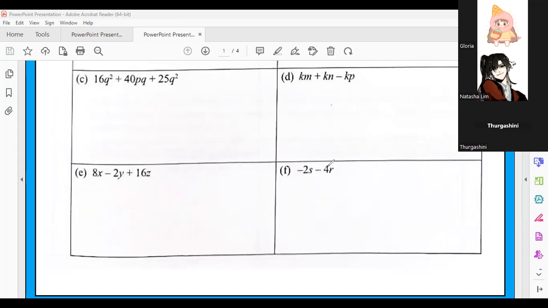Okay, all of you, please do number F now. I want to see your answer for number F. What can you take out from here? What can you factor out from F? Give it a try. Try and see.